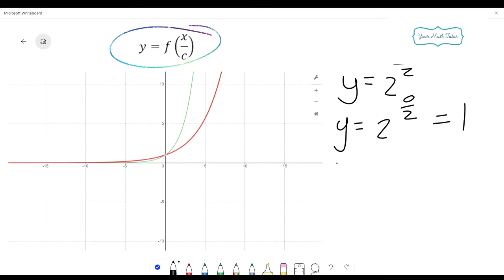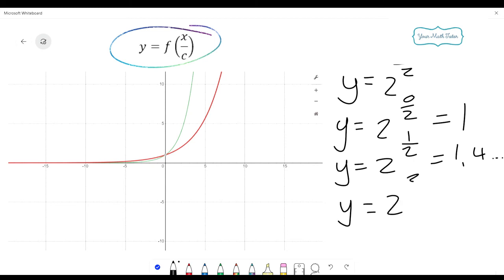And then for x is equal to 1, we have 2 to the power of a half, which is equal to 1.4 point something. And then for x is equal to 2, y is equal to 2 to the power of 2 divided by 2, which is equal to 2.